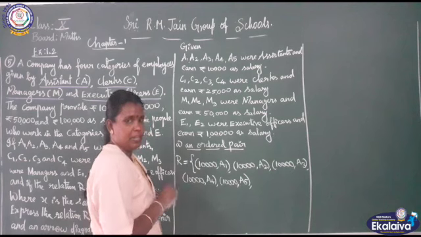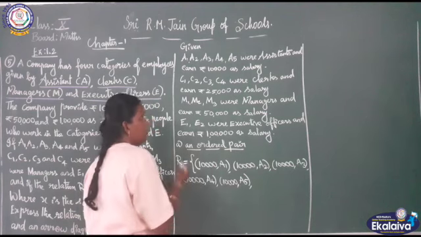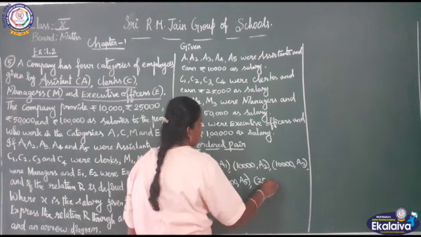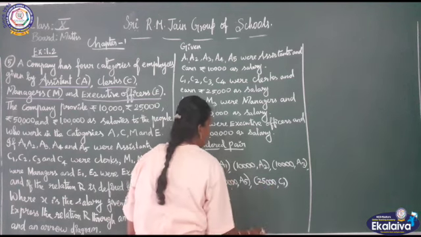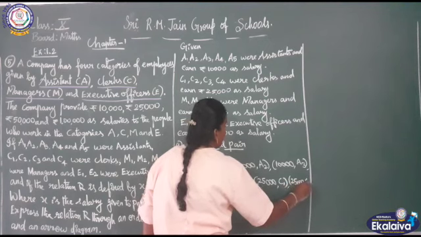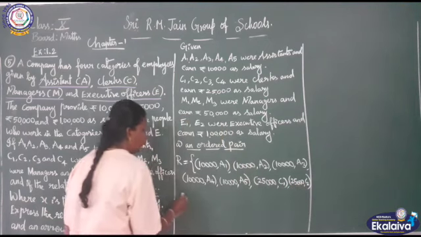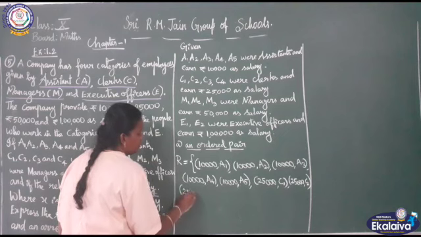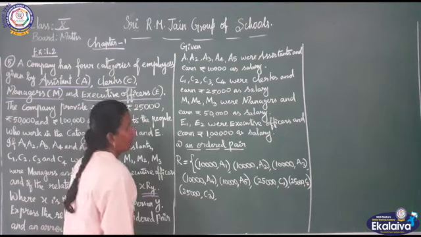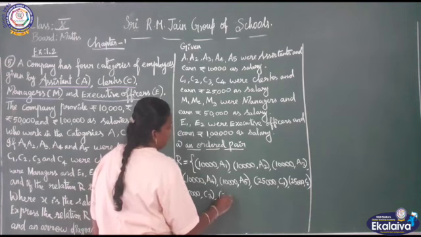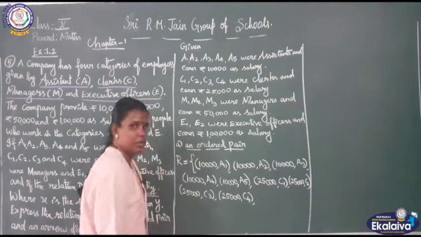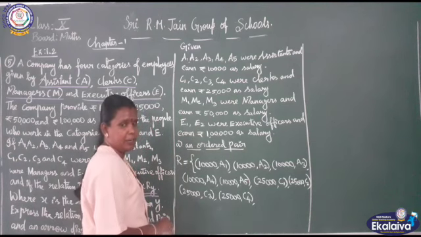So we completed the assistant part. Then we proceed with the clerk part. Clerk received 25,000, am I right? So 25,000 received by clerk 1, clerk 2, clerk 3 and clerk 4. Are you clear, children? So we completed the clerical part.